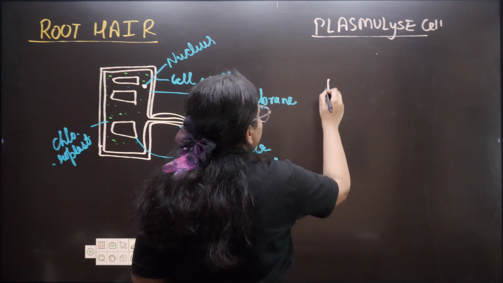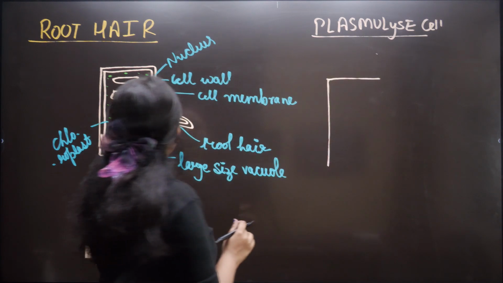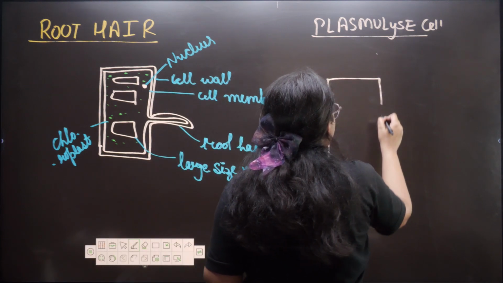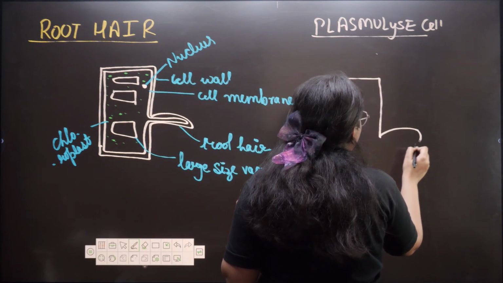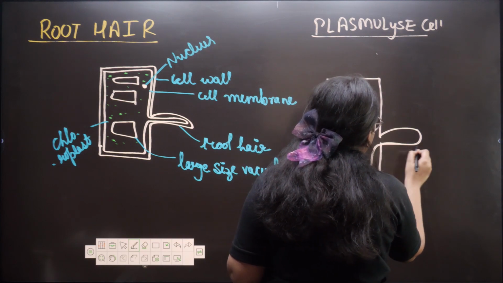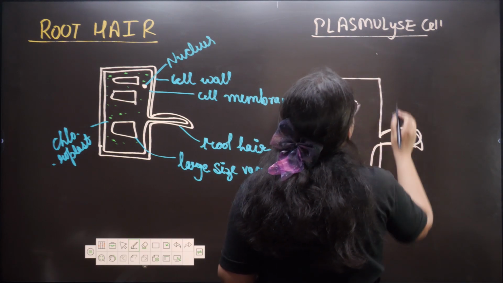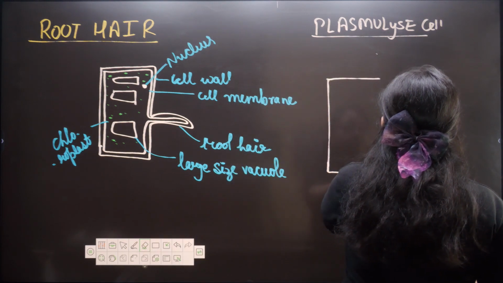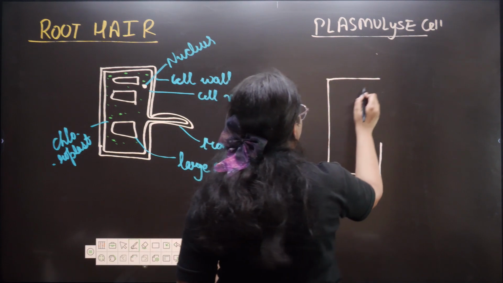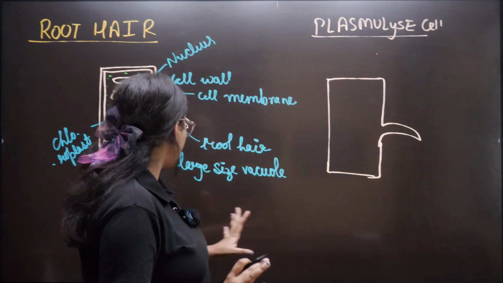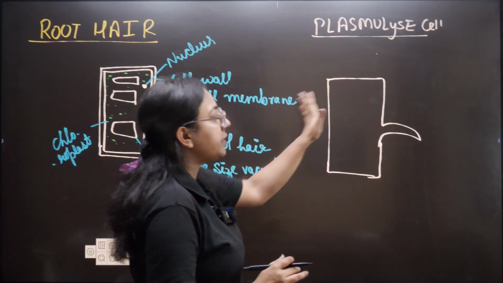See, the first part is the cell wall. Cell wall is a dead part, so it will not be affected by this. Okay, cell wall is the dead part, right? So this is how it will be drawn. Now the cell wall, being the dead part, will be here.